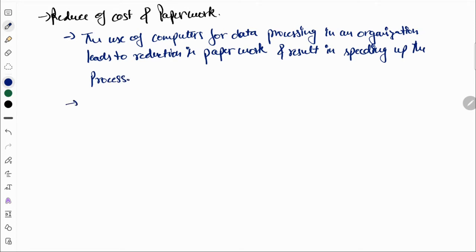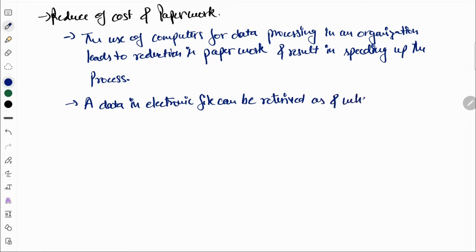Data in electronic files can be retrieved as and when required.